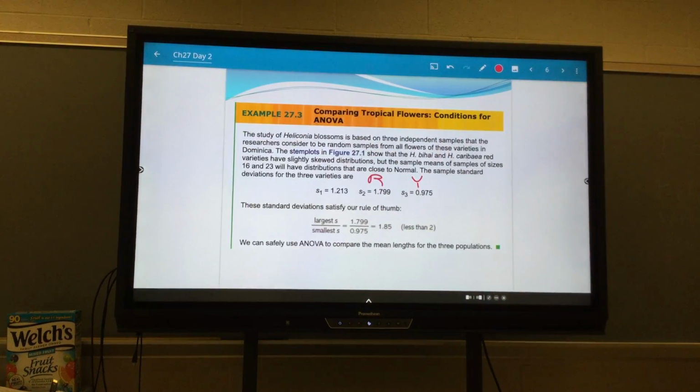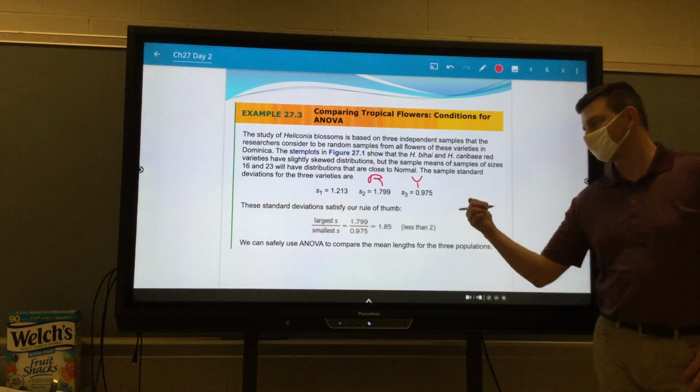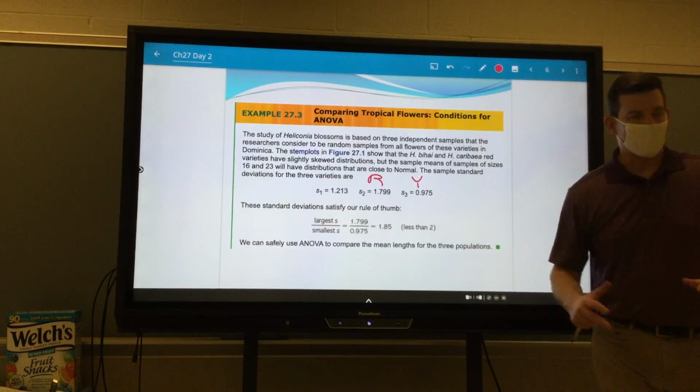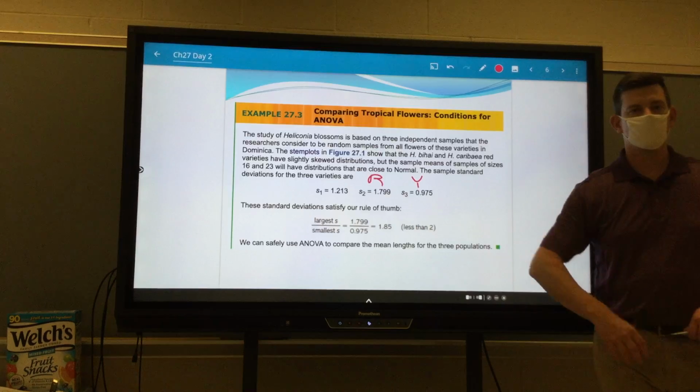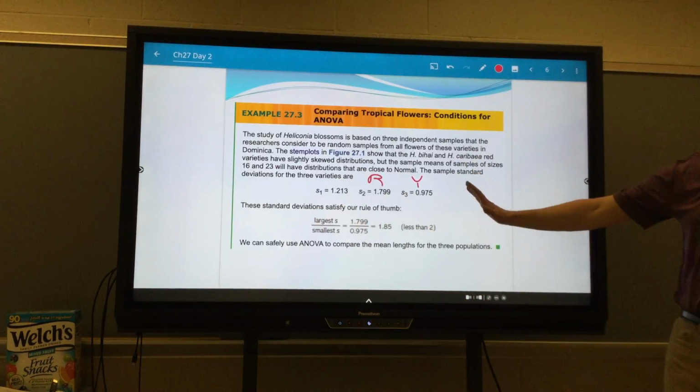Now I will say that some of the example problems that we will see do not meet this condition. In that case, we're not going to throw up the white flag and call it quits and say it doesn't satisfy this condition.